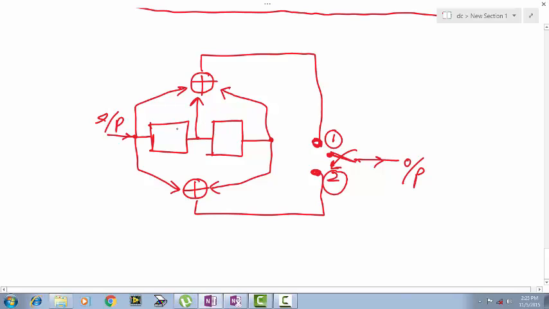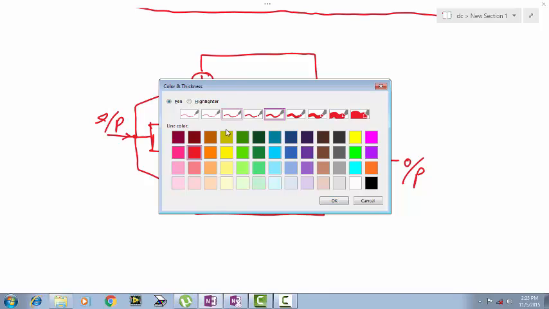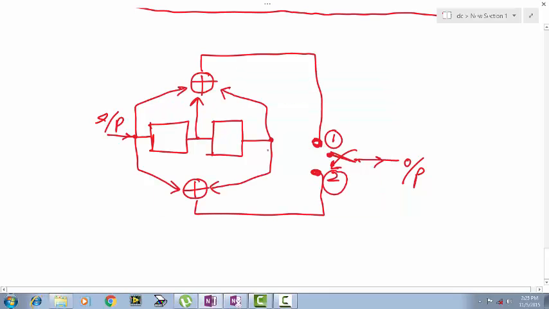Now if we see the structure, we have 2 memory elements and 1 input, so we got 1 input and we got 2 outputs and 2 memory elements.